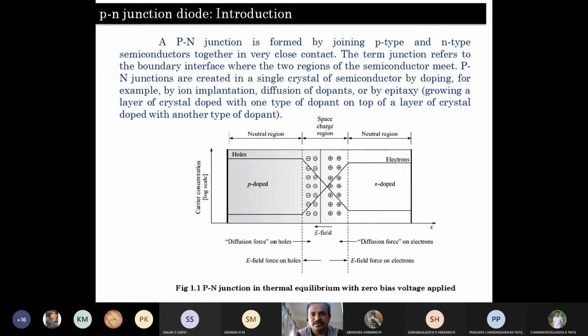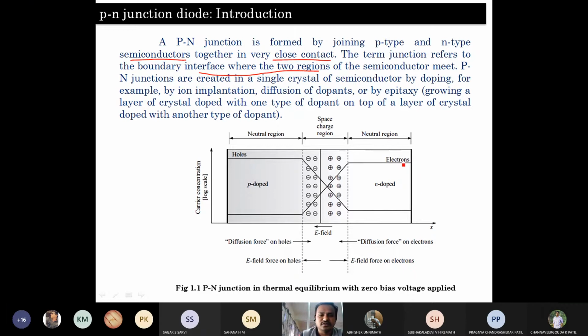A PN junction is formed by joining P-type and N-type semiconductors together in very close contact. The term junction refers to the boundary interface where the two regions of the semiconductor meet.